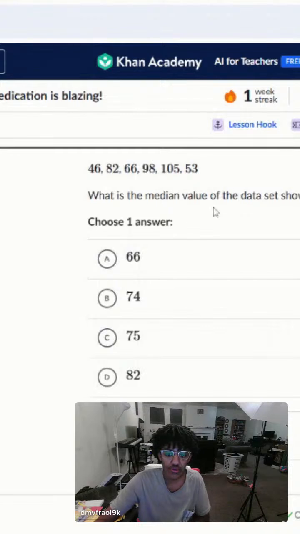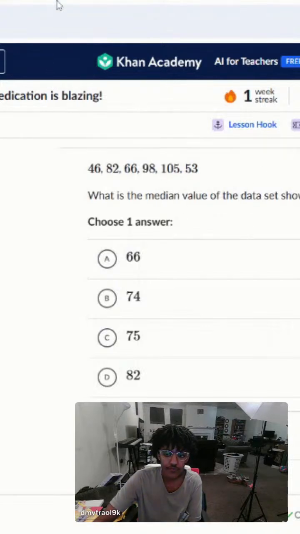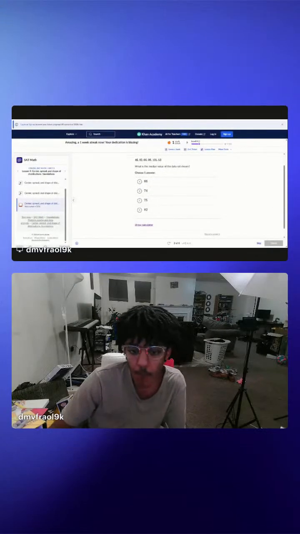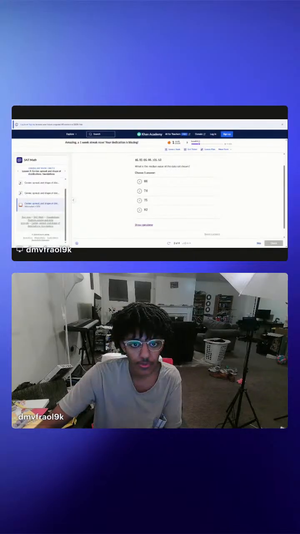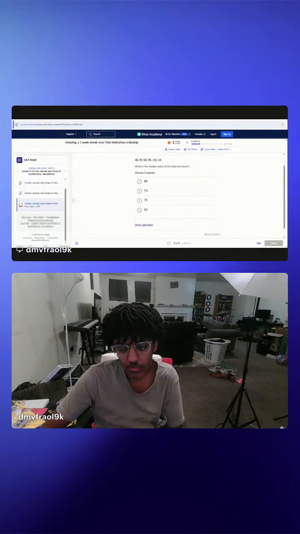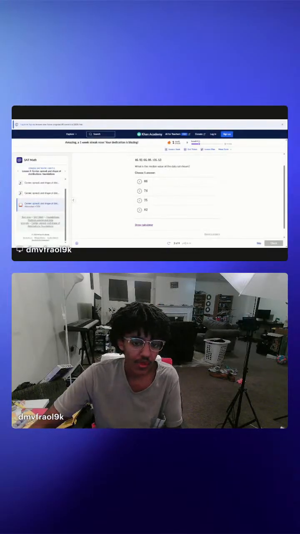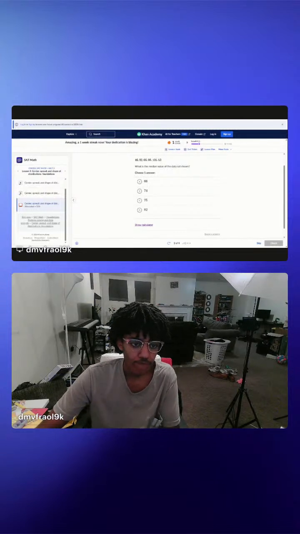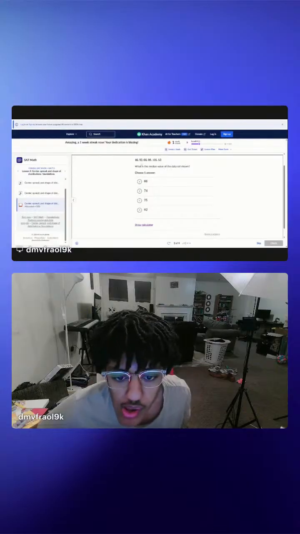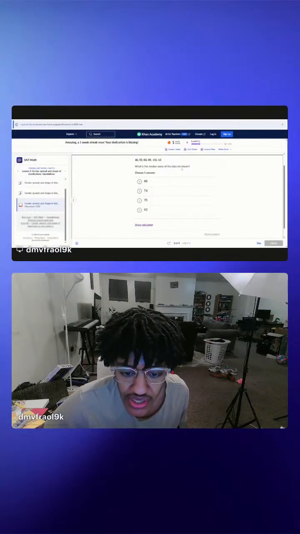What is the median value of the data set?